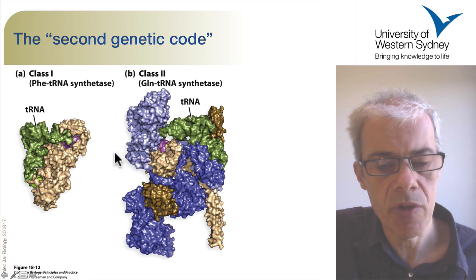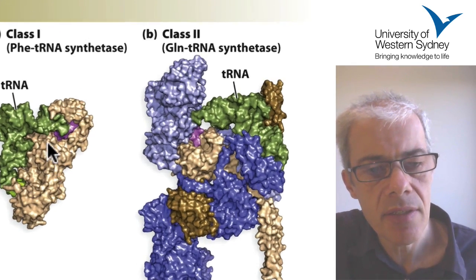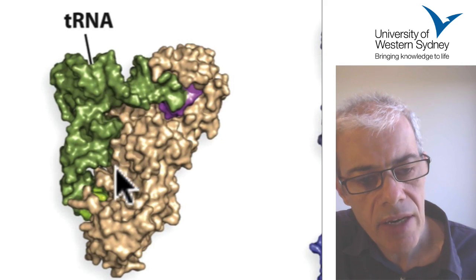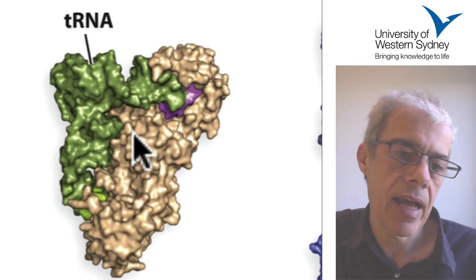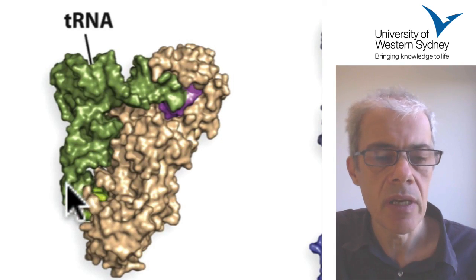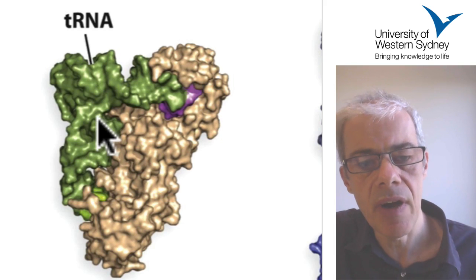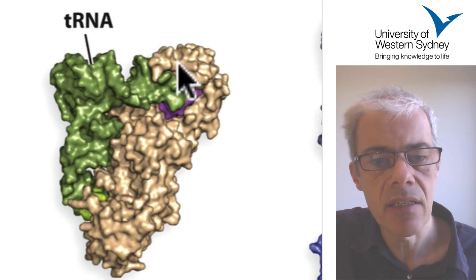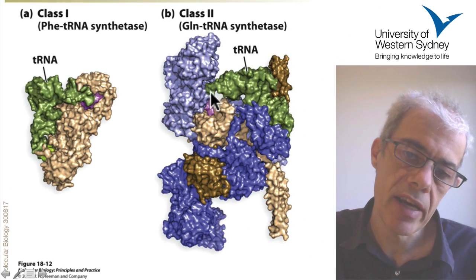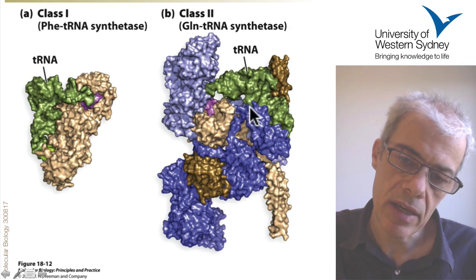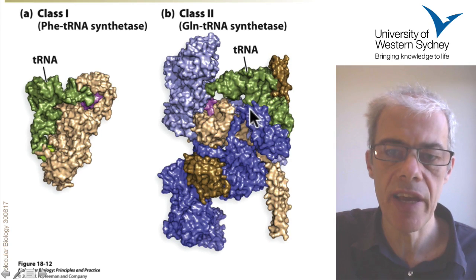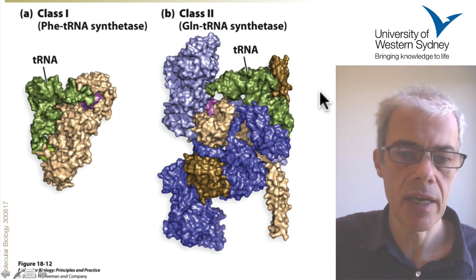It doesn't really matter for what we're talking about here, but in both cases you can see there's a very large region of interaction between the transfer RNA and the synthetase. And this interaction here is referred to as the second genetic code. And this very specific interaction here is vital to attach the right amino acid to the right transfer RNA. And again here we have the transfer RNA and the amino acid, and again there's a lot of interaction between the enzyme and the transfer RNA to establish that the right amino acid is attached.